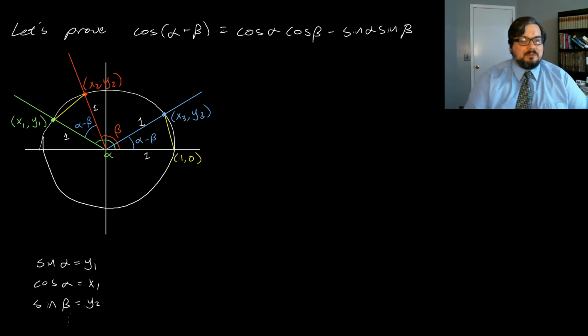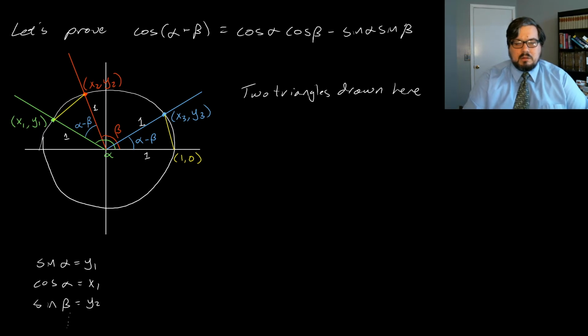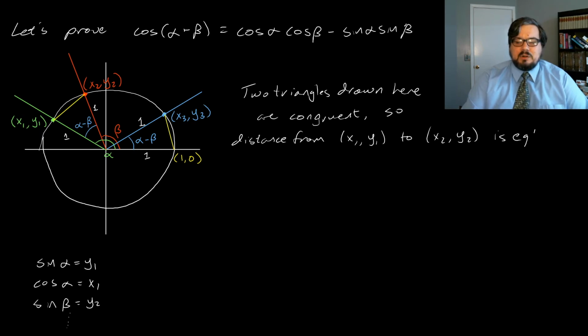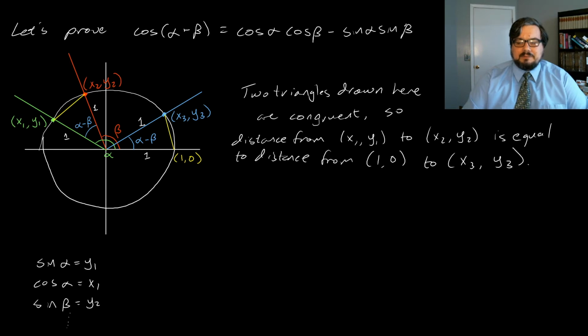So the two triangles that we have written here are congruent. So in particular, that means that the distance from x1, y1 to x2, y2 is equal to the distance from 1, 0 to x3, y3.